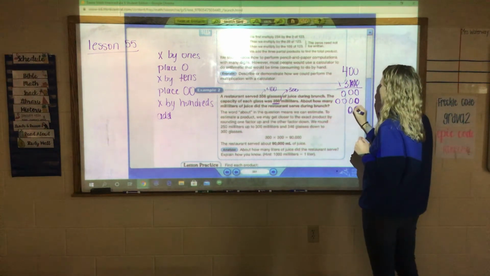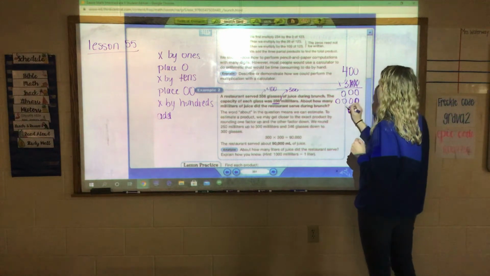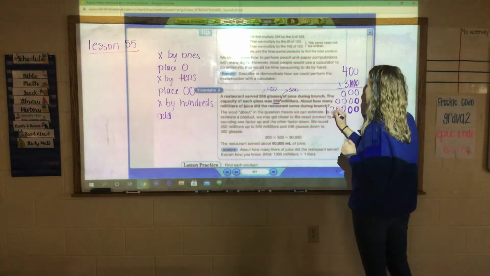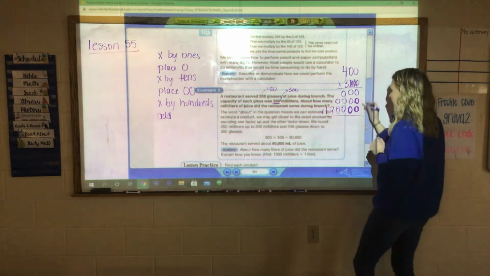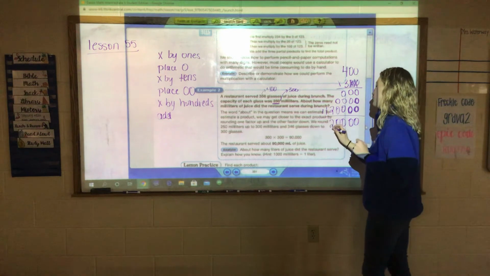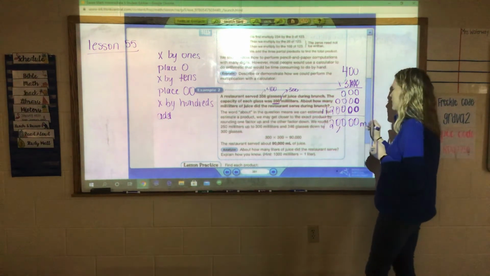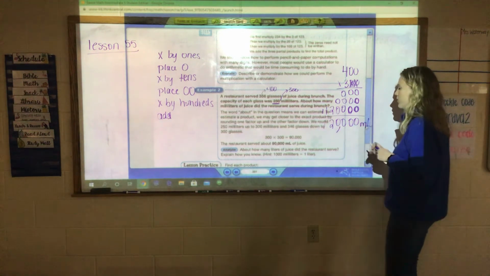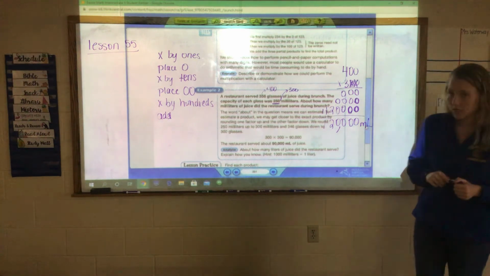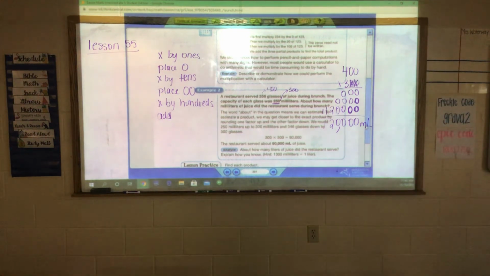Now I'm multiplying by hundreds. 3 times 0, 0. 3 times 0, 0. 3 times 4 is 12. Now we need to add nothing, nothing, nothing, nothing, 2, 1. So it would be about 120,000 milliliters.